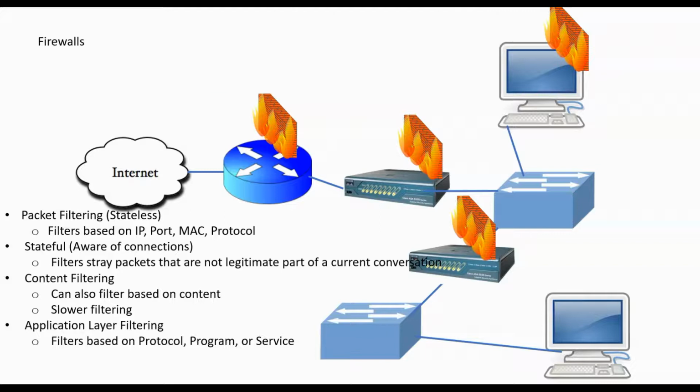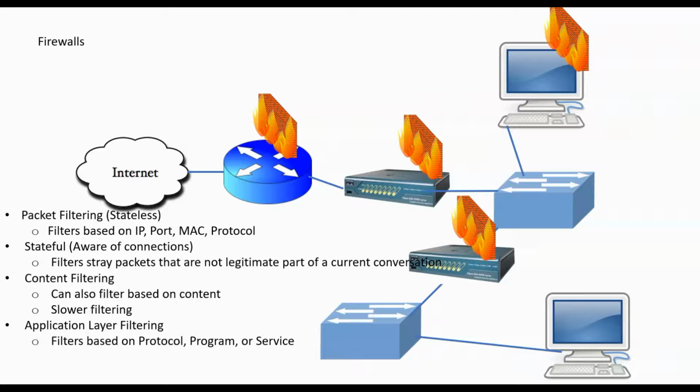Firewalls today can also act as content filters. Now, it's a little slower when you do this because remember that the communication comes in little packets. It takes maybe hundreds or thousands of packets for a conversation, for the content to be revealed. And so that firewall has to gather up all that information and check it for the content before it can pass that on to the computer.